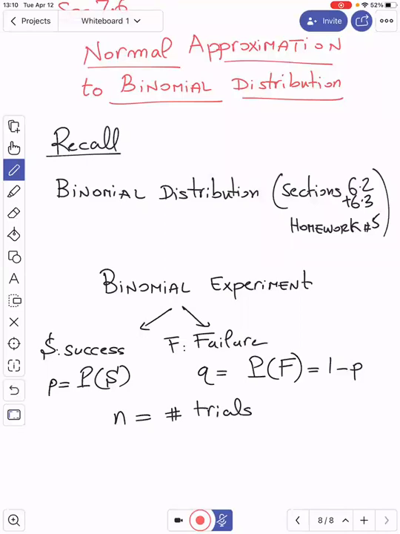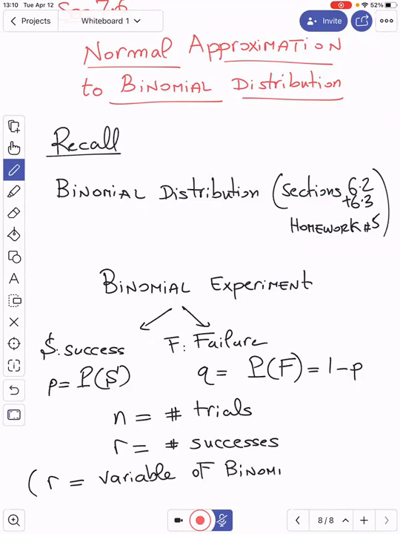And there is r, the number of successes. That's our variable: r is the variable of the binomial distribution.